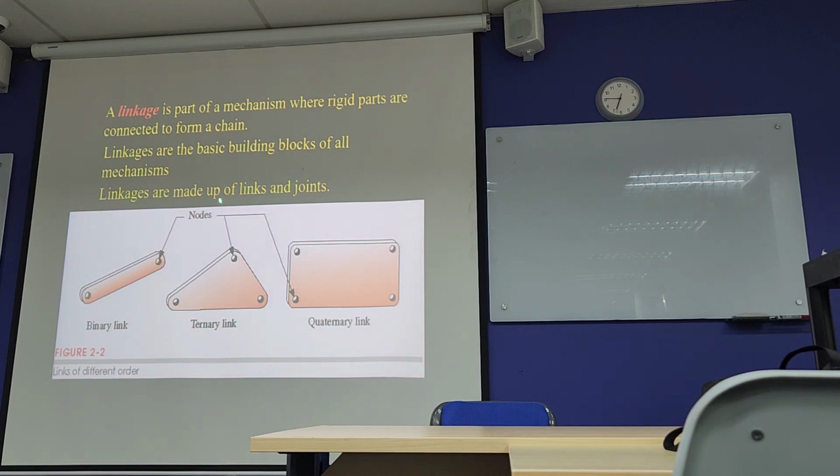These linkages are made up of links and joints. For example, here you can see this is a binary link, meaning it has 2 nodes. This is a ternary link, 3 nodes. This is a quaternary link. You can see these are called nodes, where you can have joints.